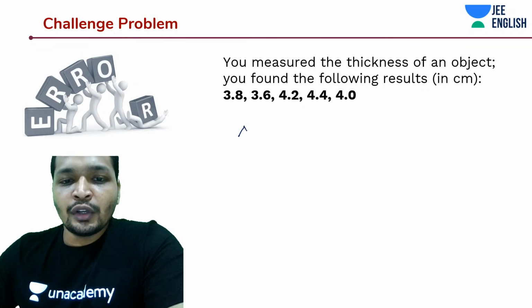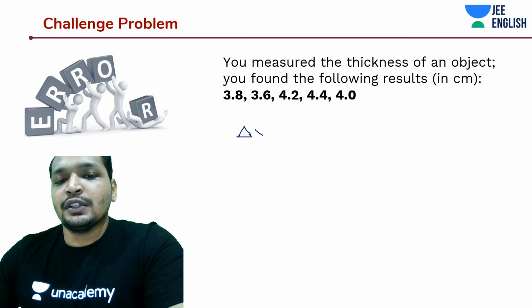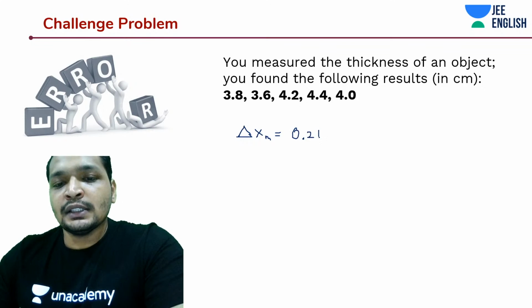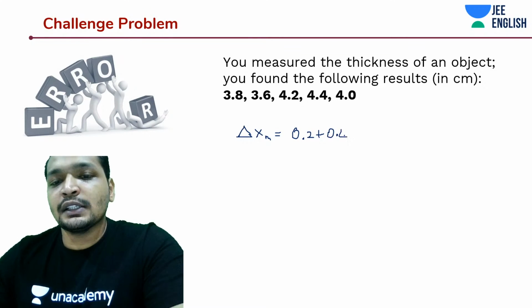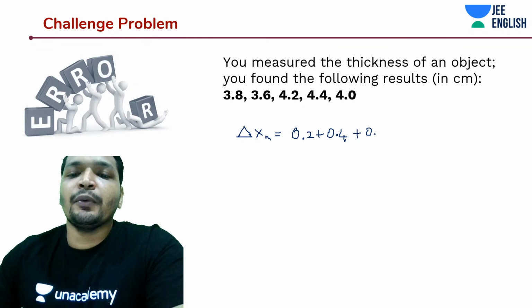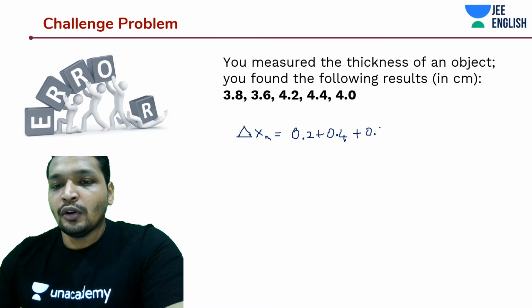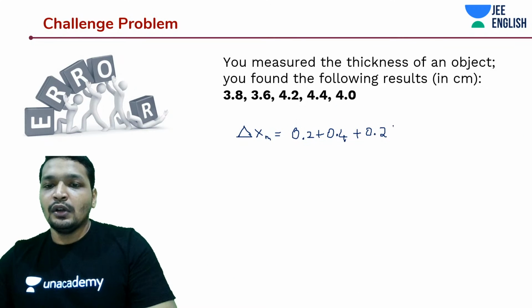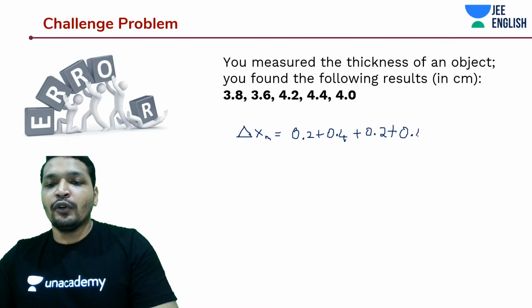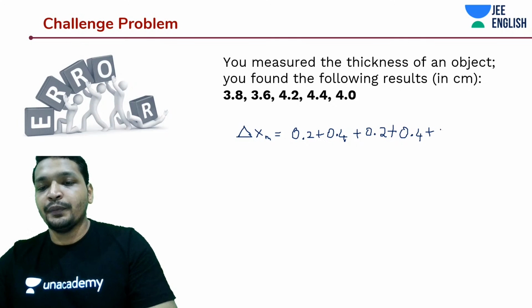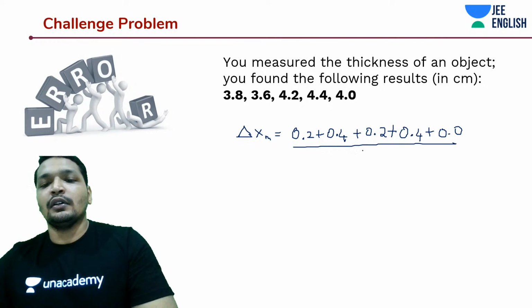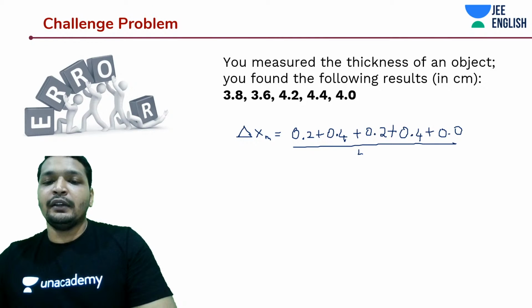Okay, so you need to calculate the mean of the errors first of all. How much is it? 0.2 plus 0.4 plus 0.2 plus 0.4 plus 0.0 divided by 5.